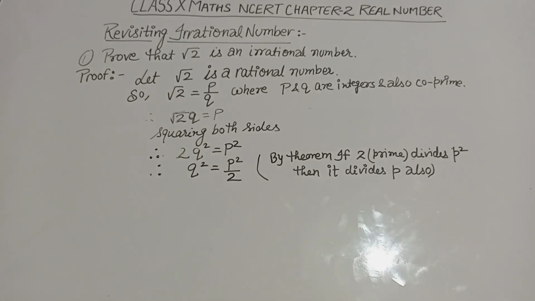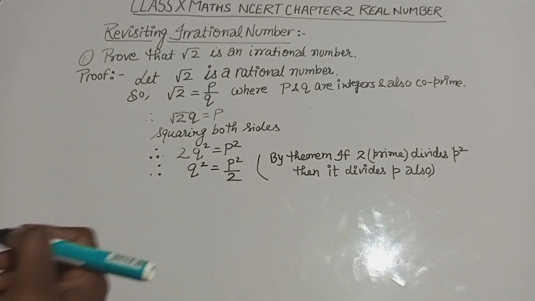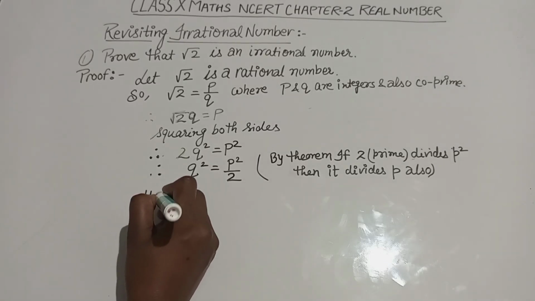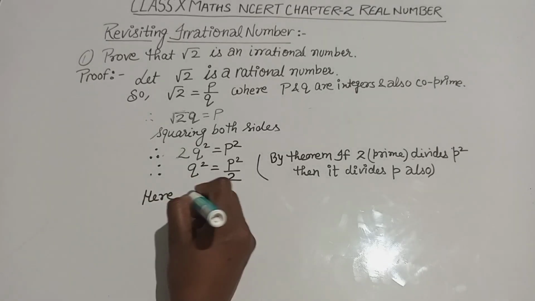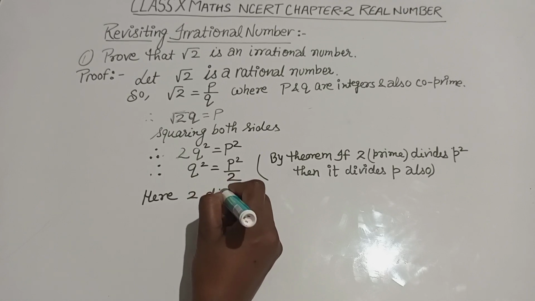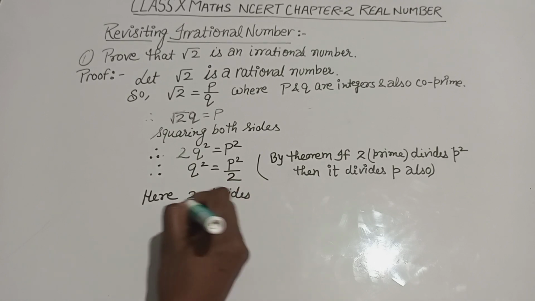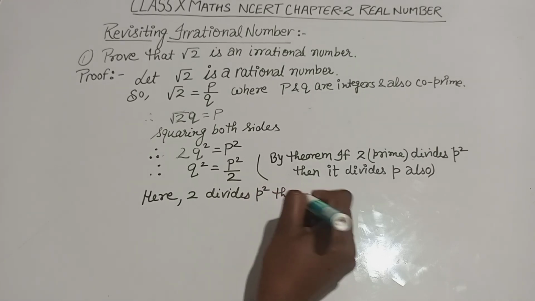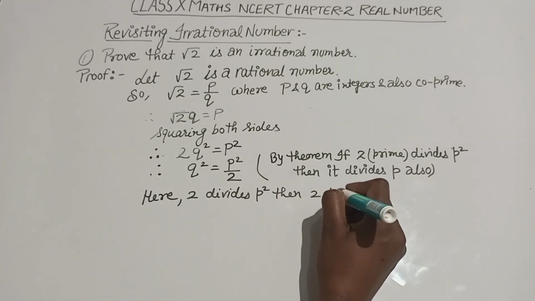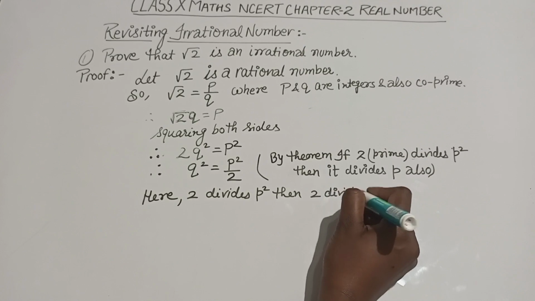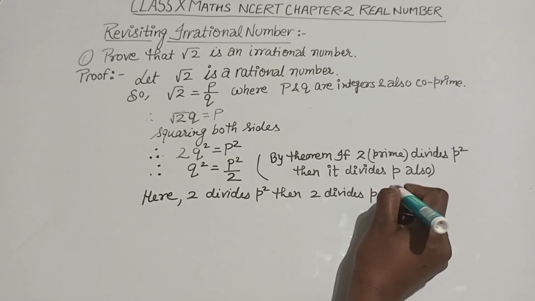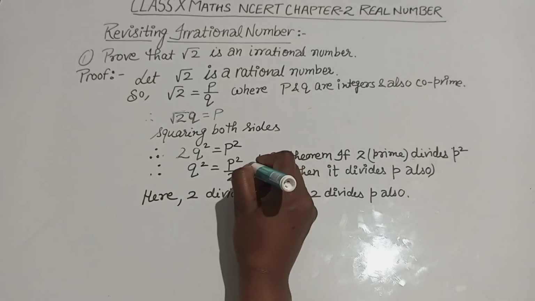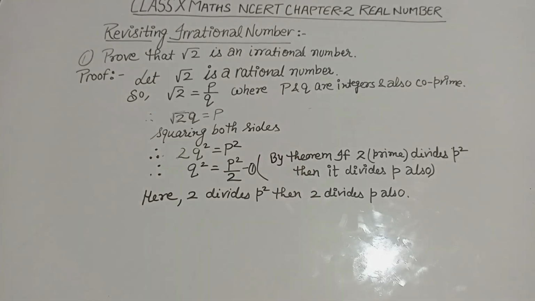So again come to the point here: 2 divides p square, then 2 divides p also. Okay, now this is equation 1.